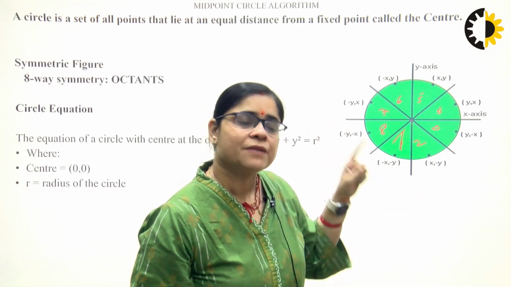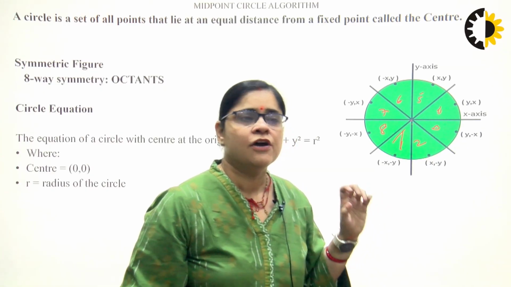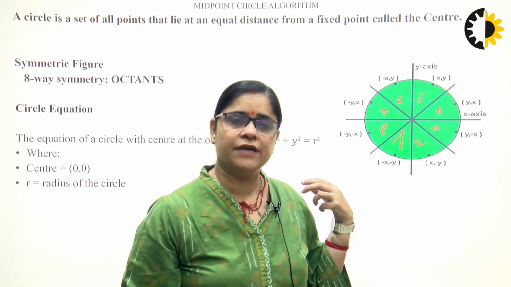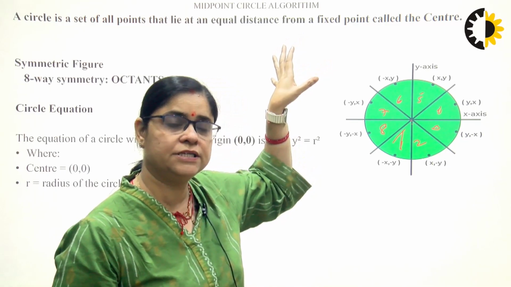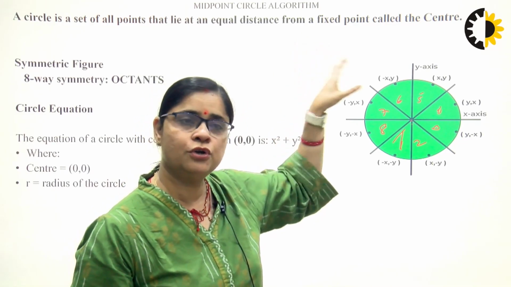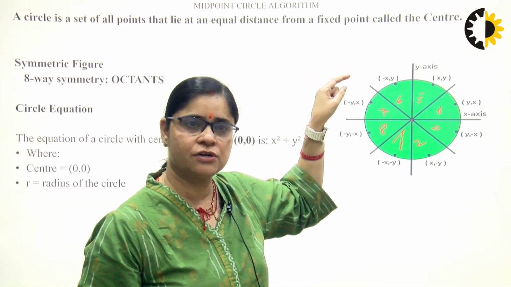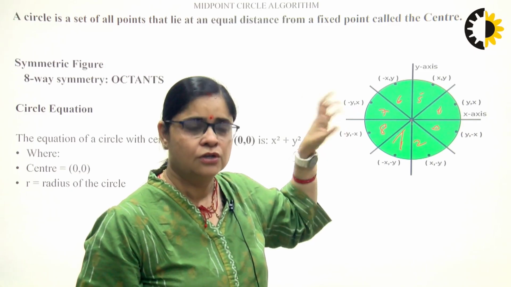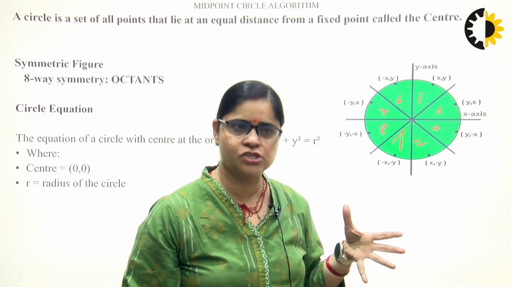When we are studying the midpoint circle algorithm, we should know the equation of the circle. The prerequisite of this algorithm is that you know the definition of the circle and its equation.